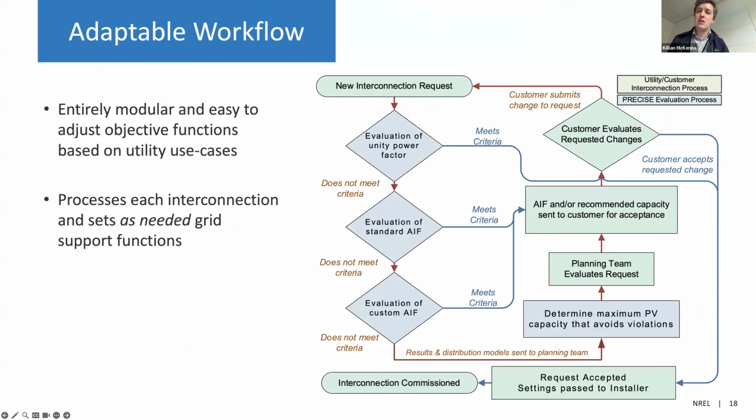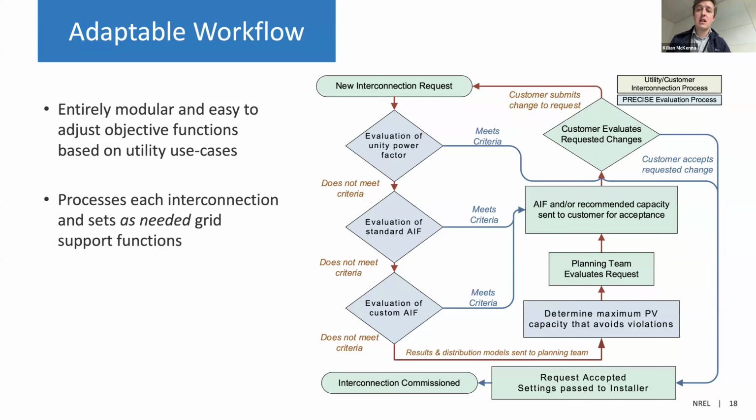So when a new interconnection request comes in, like Sheikh was saying, first of all, we're evaluating unity power factor. That's evaluating the application without any smart inverter functionality being utilized in terms of voltage regulation. If that meets criteria, if that avoids thermal and voltage constraints, then that's the acceptance criteria.